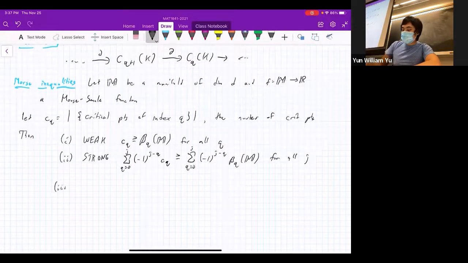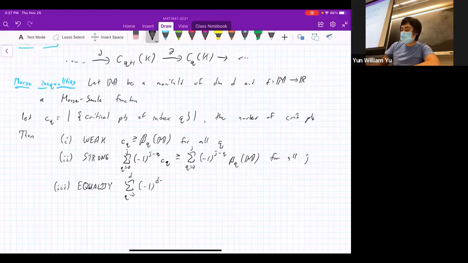Also, the strong inequality is actually an equality for the sum all the way to D, where D is the dimensionality. That's actually equal to the sum over q from 0 to D of the alternating sum of the Betti numbers, (-1)^q beta_q of M. And what is that again?